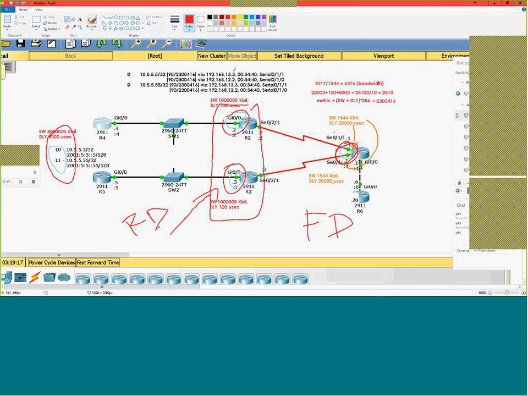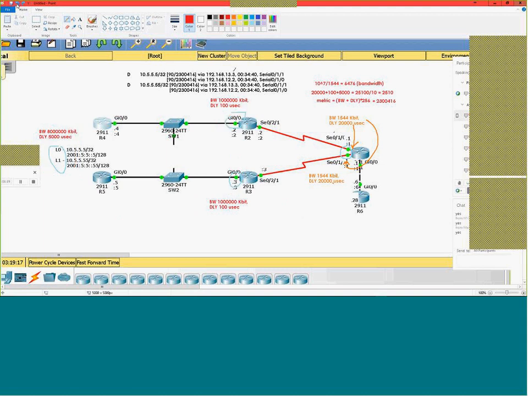All right? Now, all that being said, if my goal was to get asymmetric routing, quite frankly, the link that I would modify is one of the serial links. Because remember, if you make a modification in one direction, it has no effect on the traffic flow in the other direction. Let's say I make this link better by changing the bandwidth on this interface to 2000.